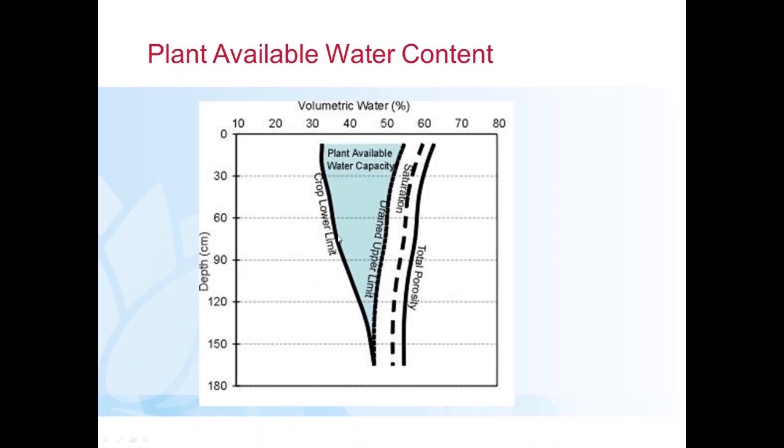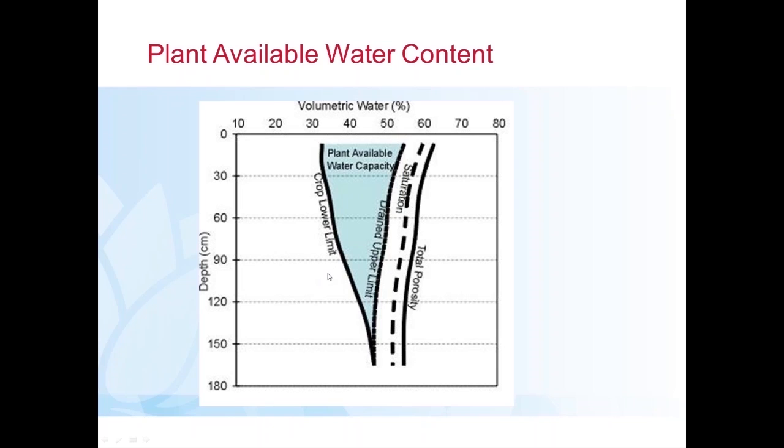So this is where the crop lower limit differentiates itself from permanent wilting point, or from the 15 bar measurement. If you measure 15 bar for this soil, it may actually continue down here, but physically roots could not access that soil. And this is also where subsoil constraints come into play.